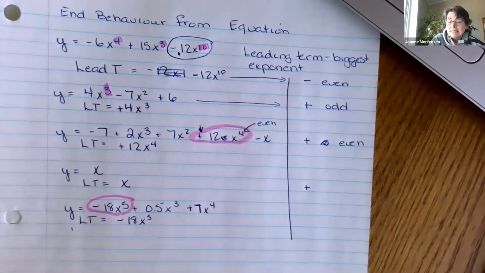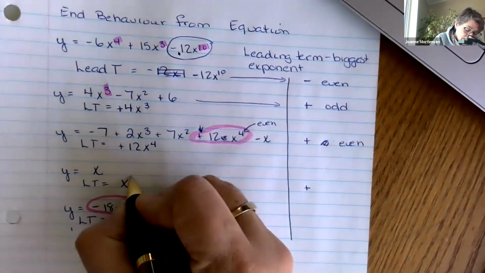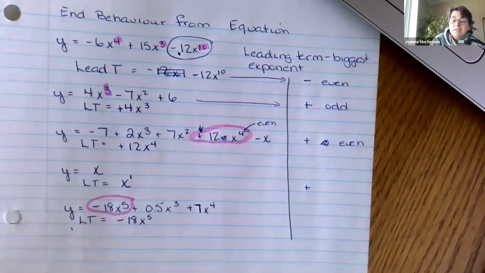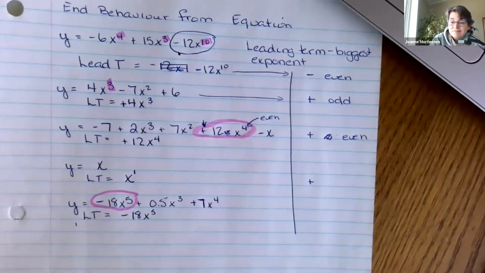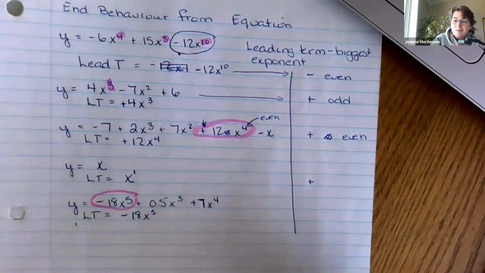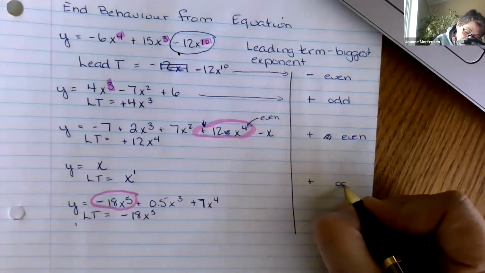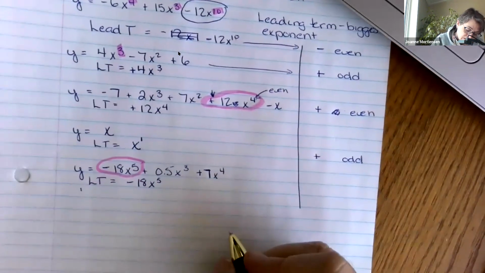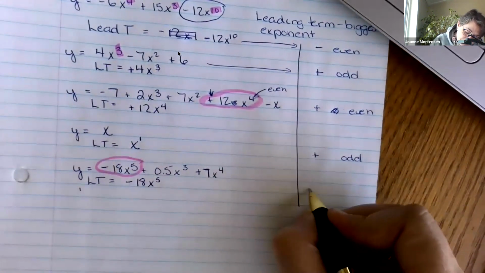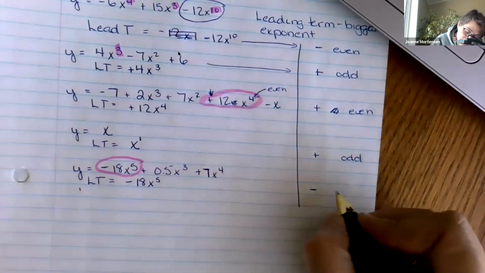What is the degree? If you remember, there's always an understood 1 there as an exponent. We just never write it. It's like having a 1 out in front of something. You don't write that either. Mathematicians are generally lazy. Shh. Don't tell them I said that. And my very last one here is negative, and the 5 is odd.